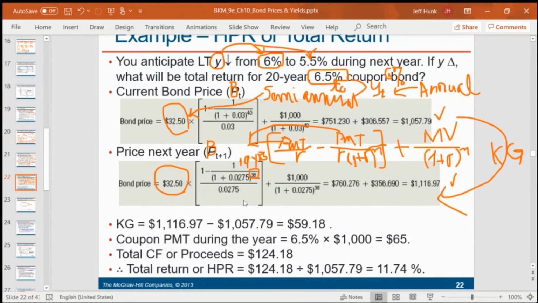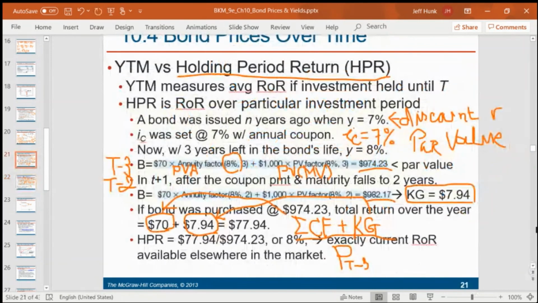So even though there are only 2 fewer coupon payments left than at time t, there will still be capital gains because of the lower discount rate, because of the decrease in yield.